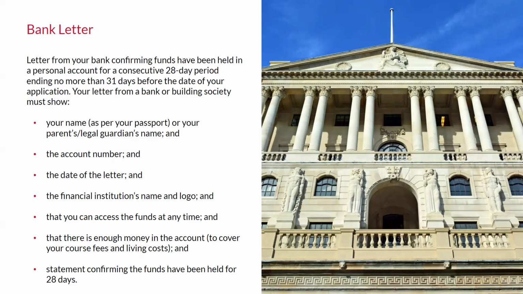It must show your name as per your passport and/or your parents' or legal guardian's name, the account number, the date of the letter, the financial institution's name and logo, and it must confirm that you can access the funds at any time and must be able to show that there is enough money in the account to cover your course fees and living costs. It must also confirm the funds have been held for a minimum of 28 consecutive days.